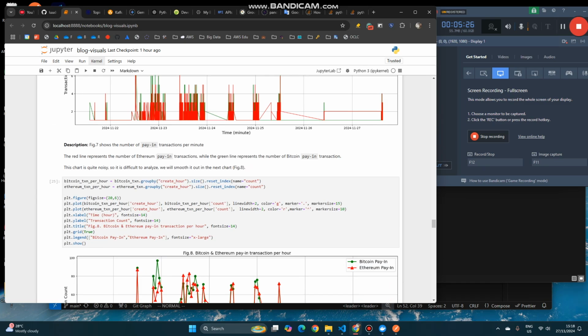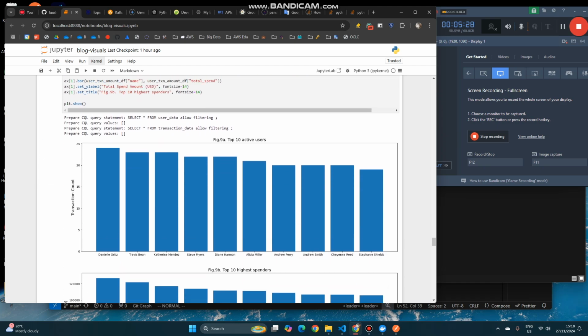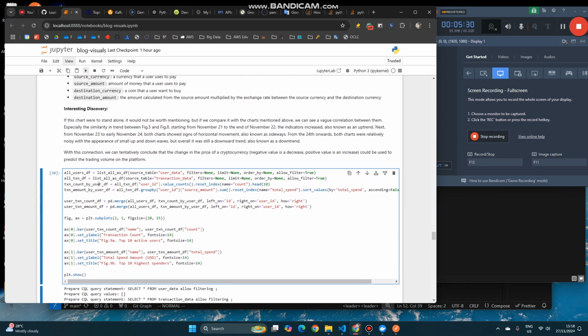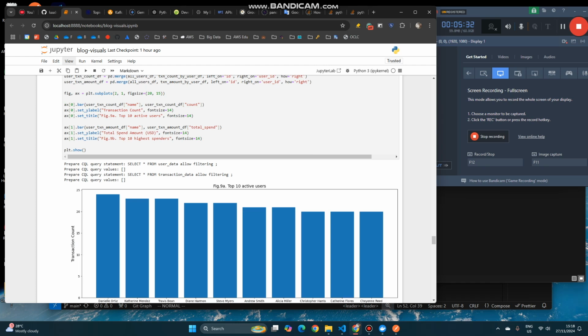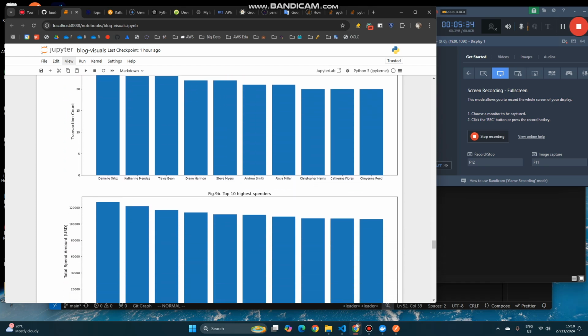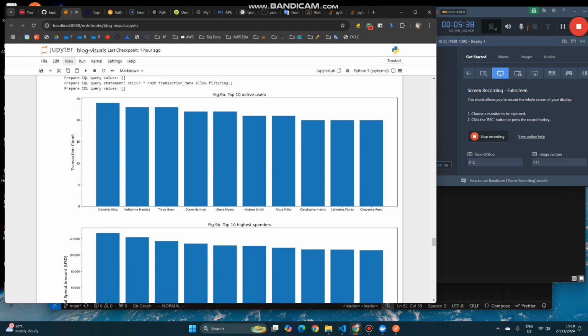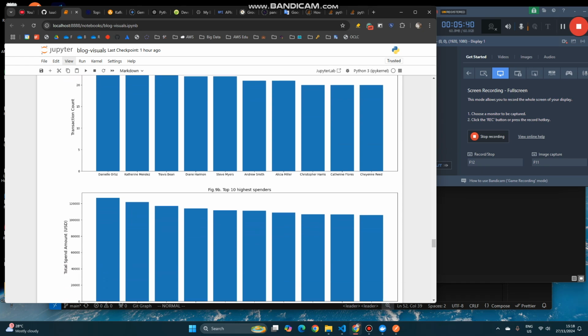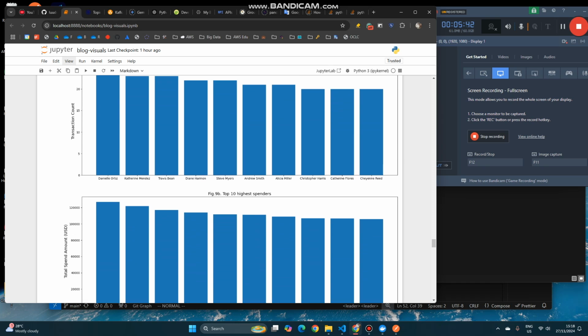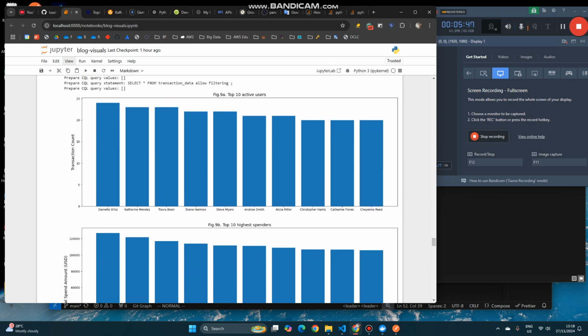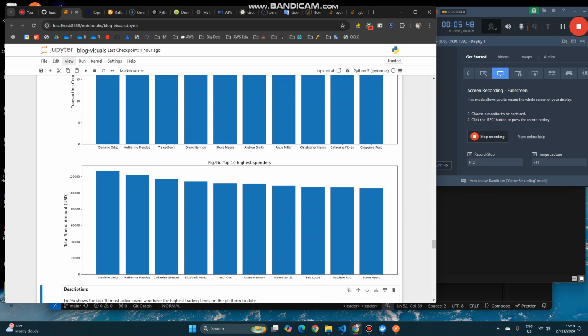Okay. Let's move to the next plot that I found. These two plots are about the top active user and the top highest spender. So I just want to list the top 10 users who make the most number of transactions and who spend the most amount to buy the cryptocurrency.